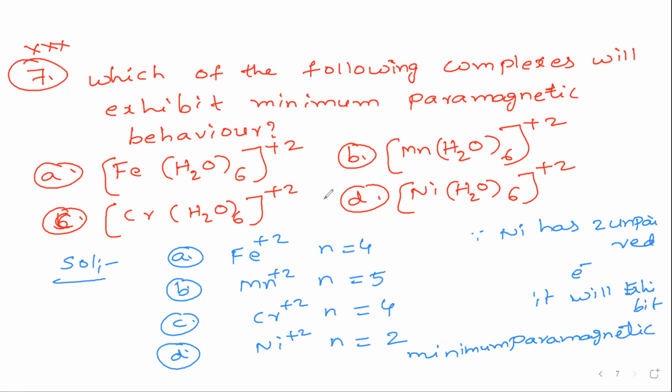So the answer is the fourth option straight away. Like this, you have to check. Maximum paramagnetic means manganese. Minimum paramagnetic means the fourth option.